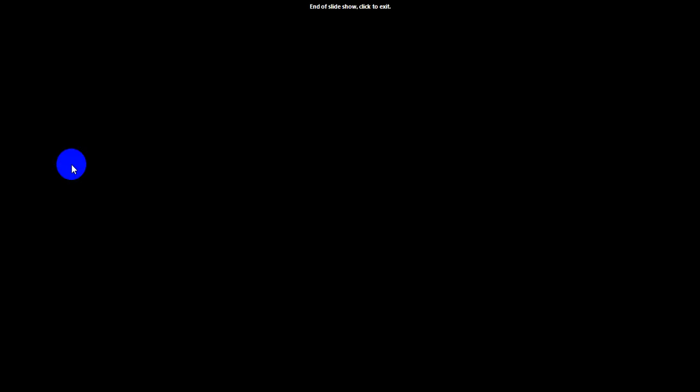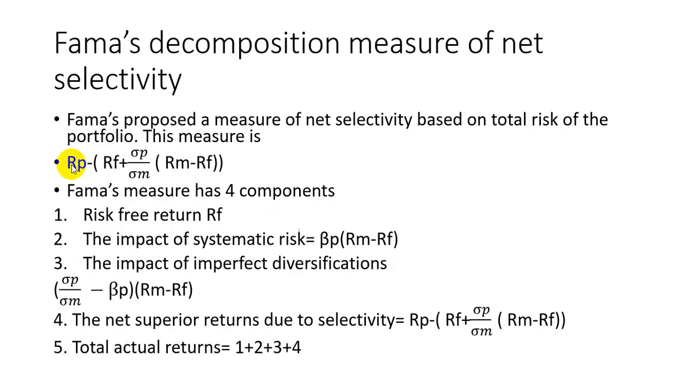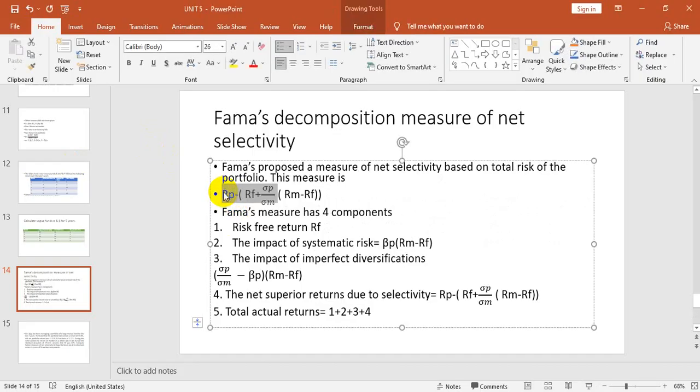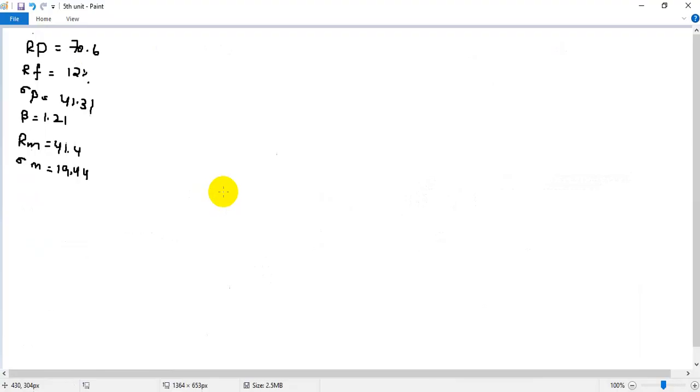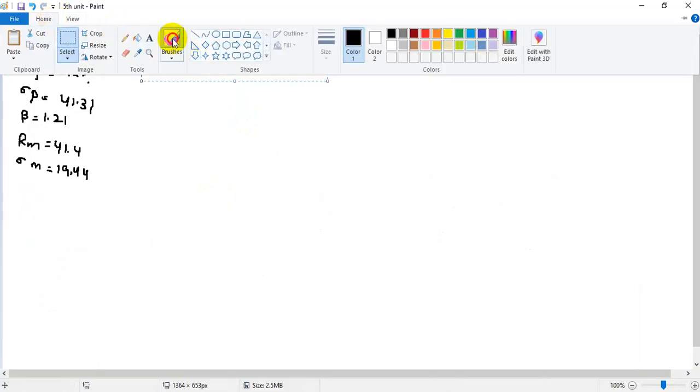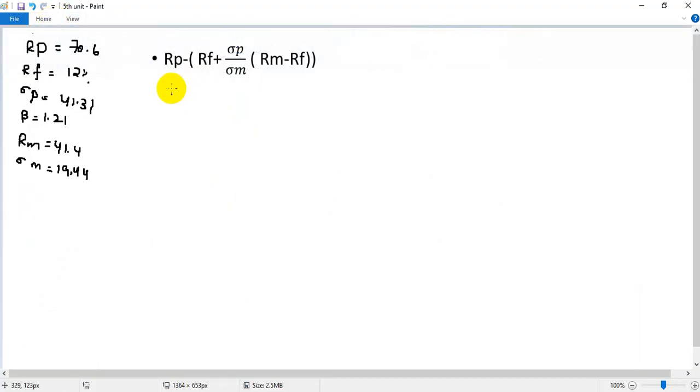We'll copy this formula. So net selectivity. This is the formula for measure of net selectivity.